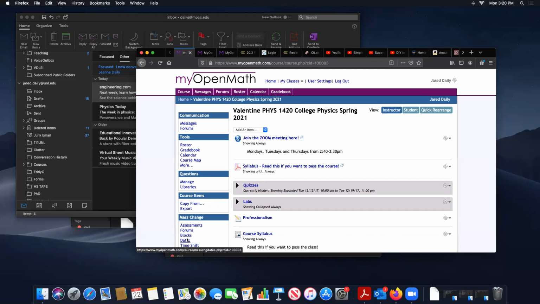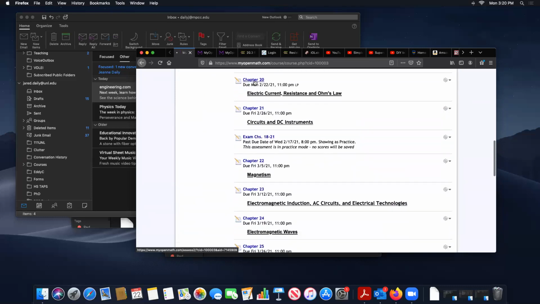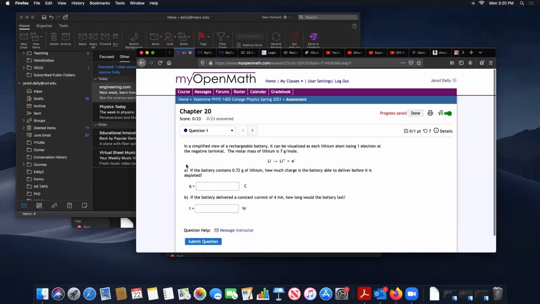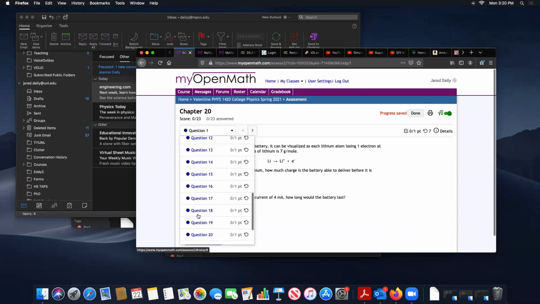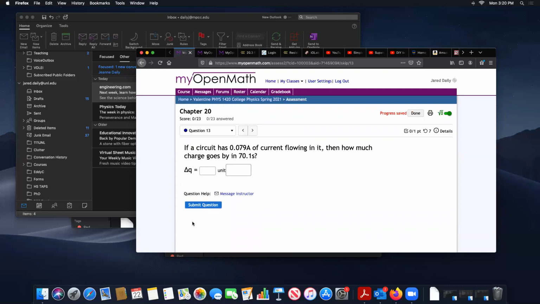13. Okay, so we know that current is defined specifically as charge going by in time.